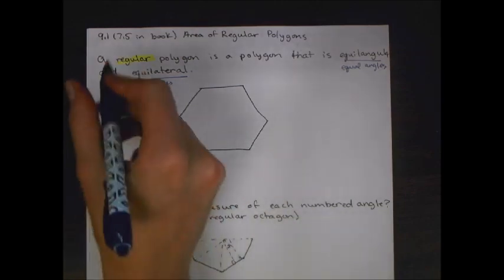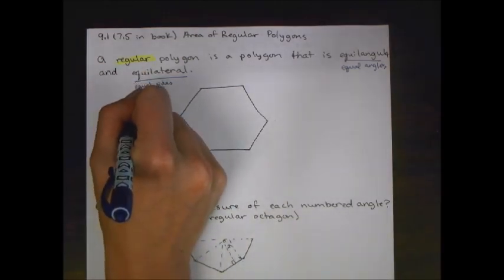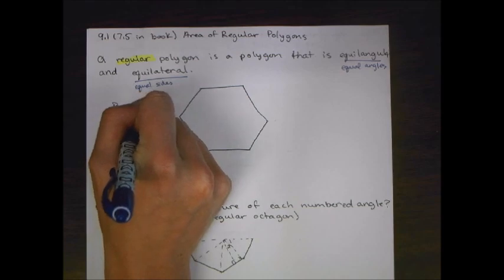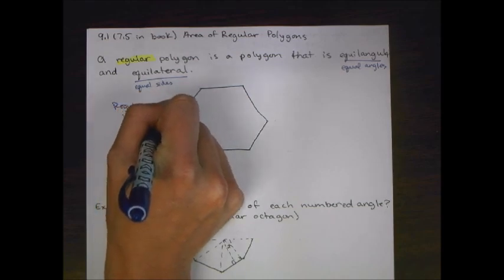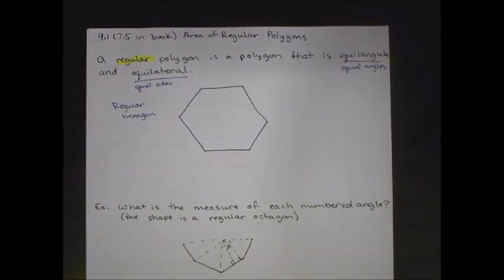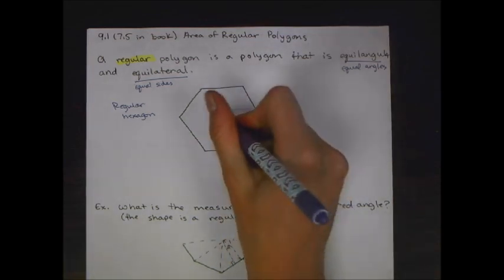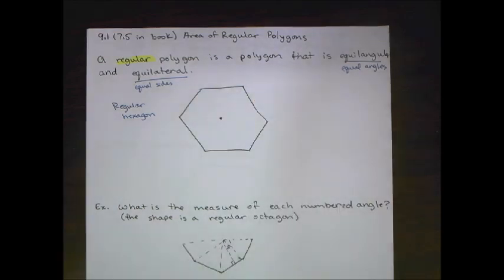Here I have a regular hexagon, so 6 sides. Go ahead and draw the hexagon. And we're going to identify some key things, some key words. Our first word, well, let's picture we have a center.